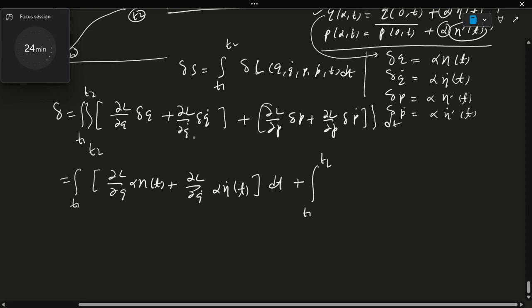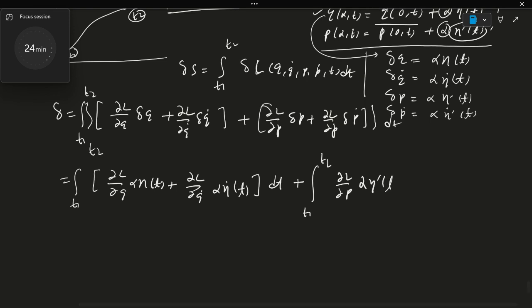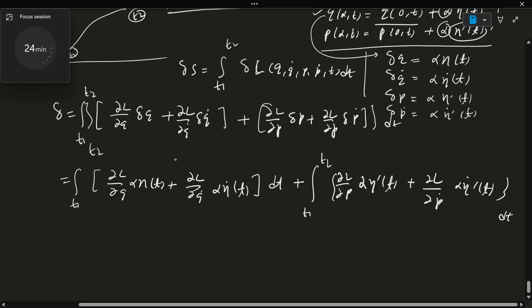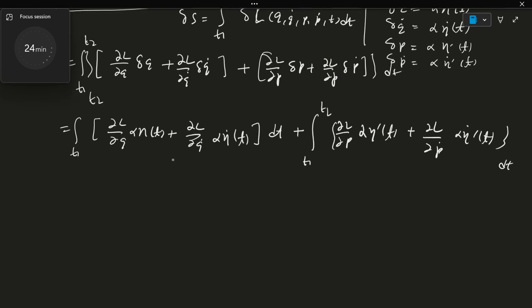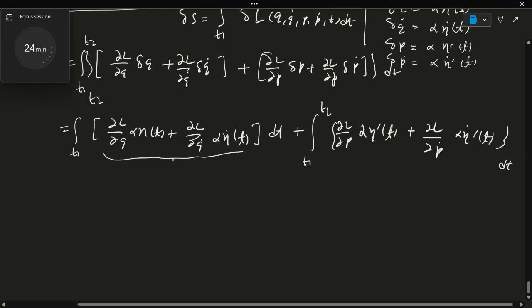Plus, integral from t1 to t2, ∂L/∂p alpha times eta prime of t plus ∂L/∂ṗ alpha times eta prime dot of t, dt. They're both the same kind of equation, right? I'm just solving this part. Okay, I'm solving this part.